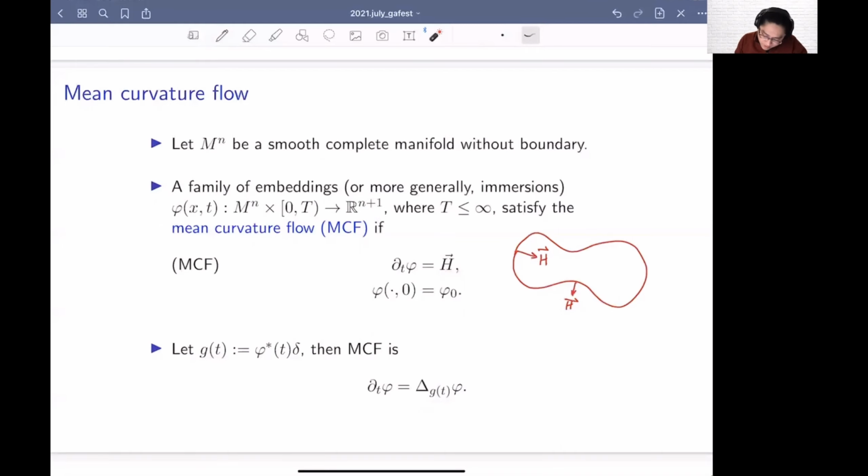However, because the Laplace operator depends on the evolving metric, even though this equation looks like a heat equation formally, really there's a hidden nonlinearity due to the dependency on the metric g_t. And if we rewrite this equation in local coordinates, we see this is in fact a quasi-linear parabolic PDE system. Okay, so this is mean curvature flow.